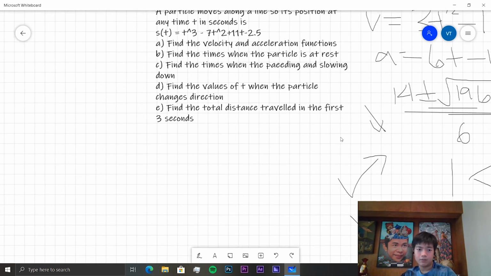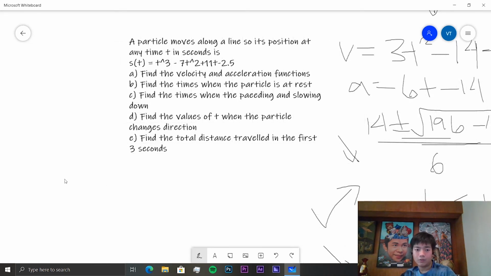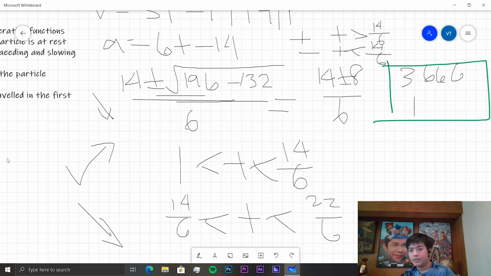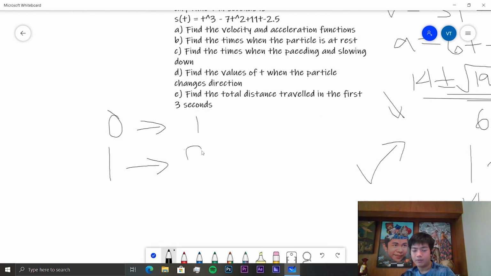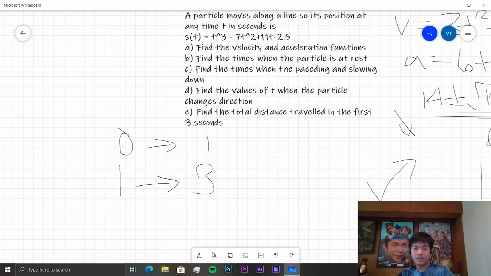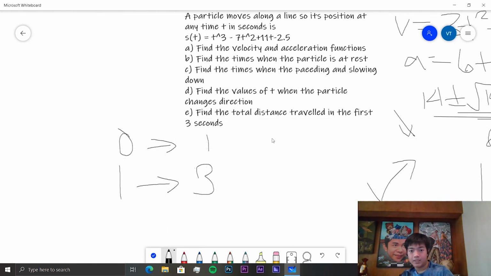So we need to find first of all how far it travels from 0 to 1, and then how far it travels from 1 to 3 seconds. This should be it. So when it's 0, we're at negative 2.5 meters. And when we get to 1, we're at 1 minus 7 plus 11 minus 2.5.